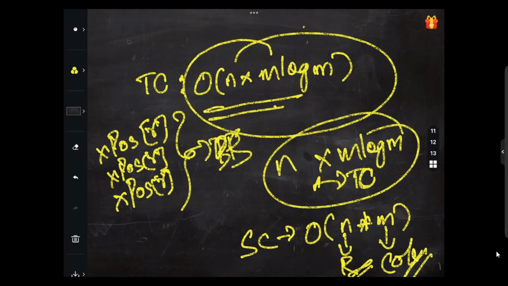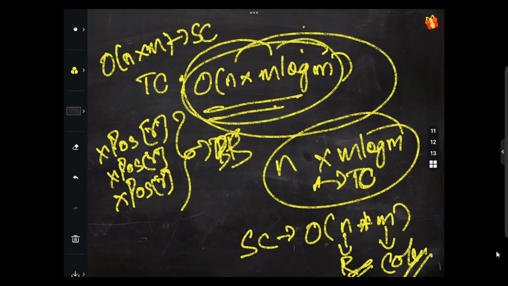To calculate the prefix sum, we will be storing all the positions and the prefix arrays. So the time complexity would be big O of n into m log m and the space complexity would be big O of n into m for the code that we'll be writing.